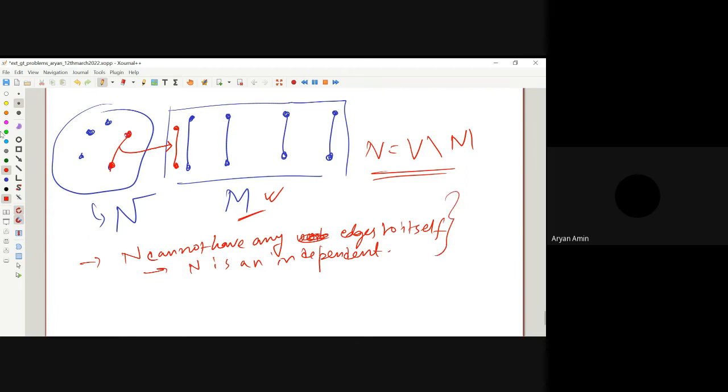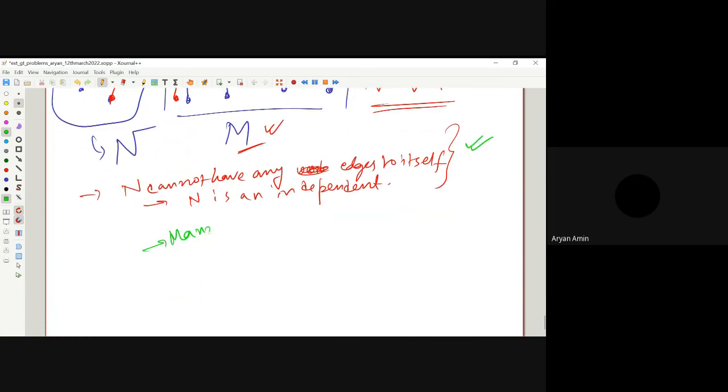Take note of this. Maximal matching is often useful for dealing with independent sets.